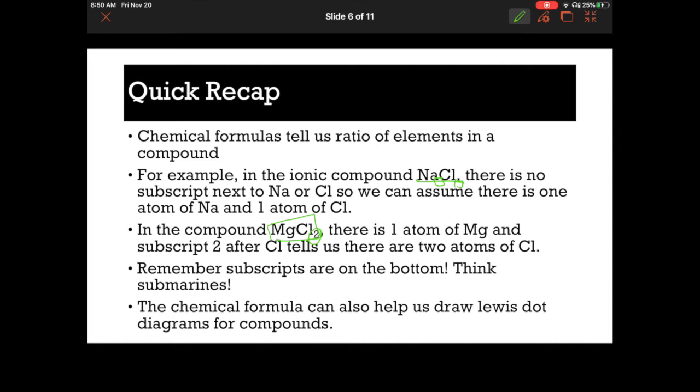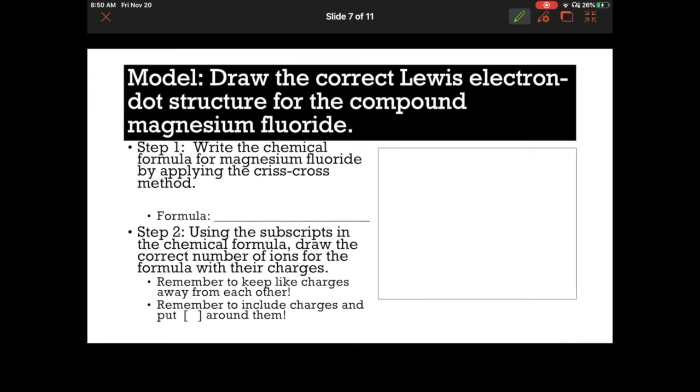That means for every 1 magnesium, you need 2 chlorines. Again, those subscripts, the little bottom numbers, tell you how many of those elements are in that compound. And once you know the formula, you know how many of each thing you should be drawing in your structure.